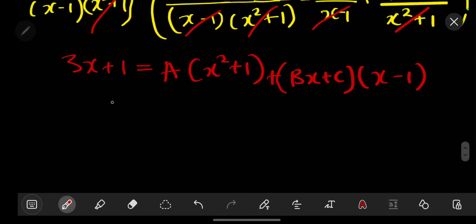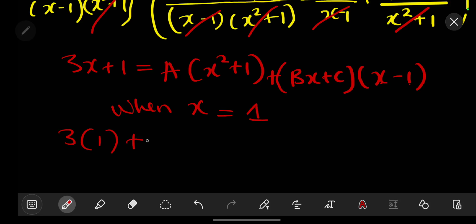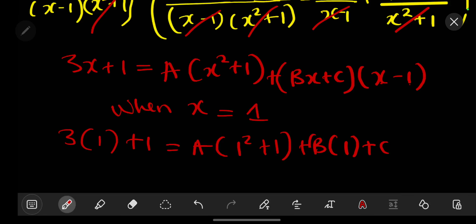After doing this, let's begin with eliminating b and c by making whatever is here equal to 0. When x is equal to 1, 1 minus 1 is 0. So we put 1 where x is: 3 plus 1 is equal to a, open brackets, 1 squared plus 1, plus b times 1 plus c, times 1 minus 1.